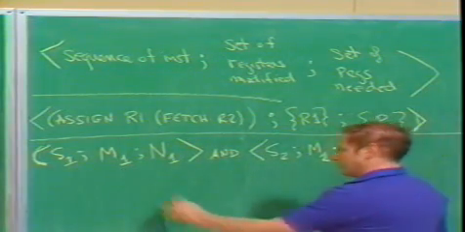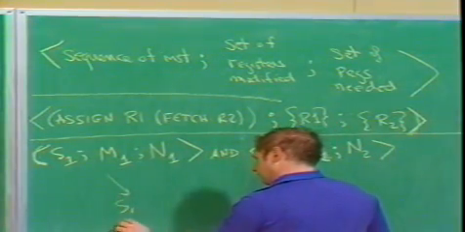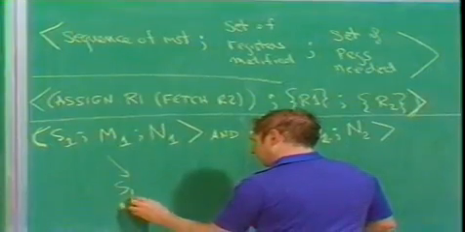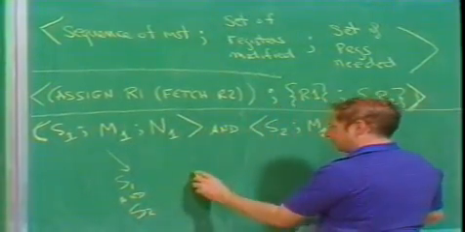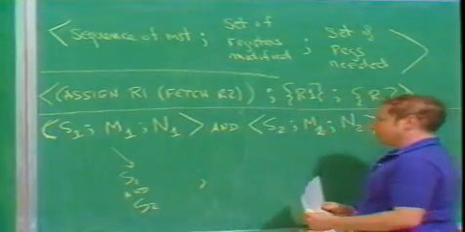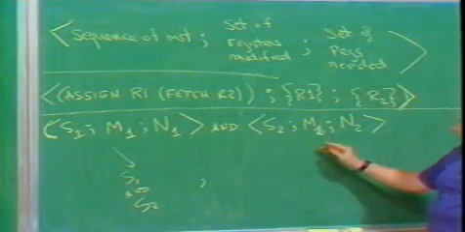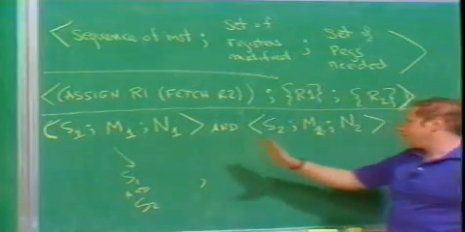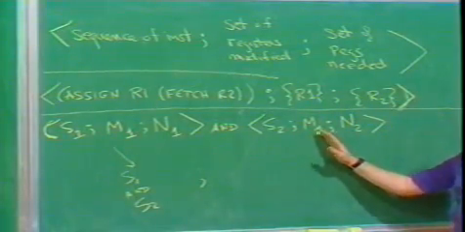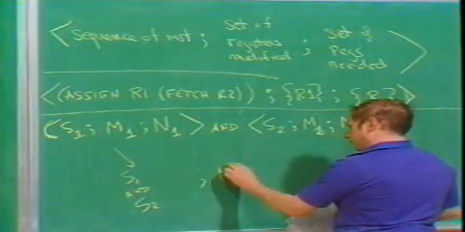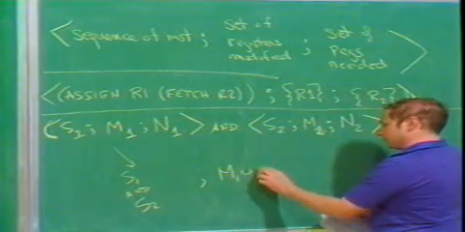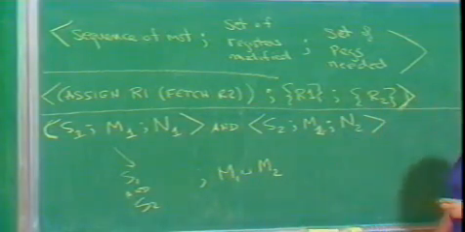The new code fragment, sequence 1 followed by sequence 2, what's it going to modify? The things that will be modified are the things that are modified either by sequence 1 or sequence 2. So the union of these two sets is what the new thing modifies.